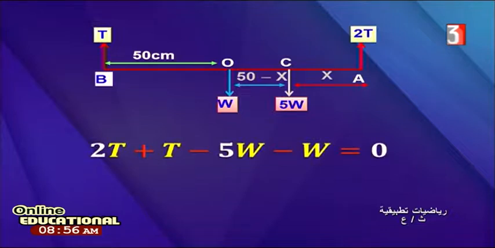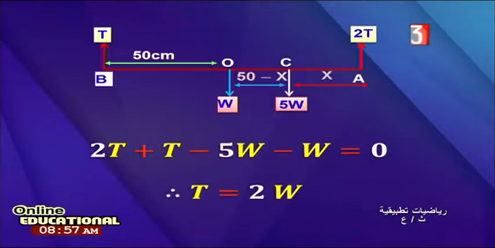The first equation: forces up equal forces down, or forces up minus forces down equal 0. 2T plus T minus 5W minus W, where W represents weight, equals 0. We find the equation of T and W: T equals 2W.